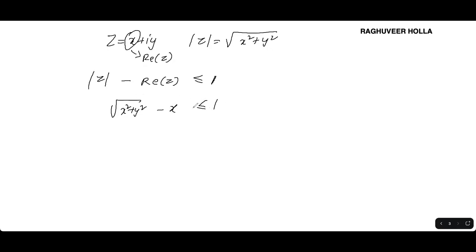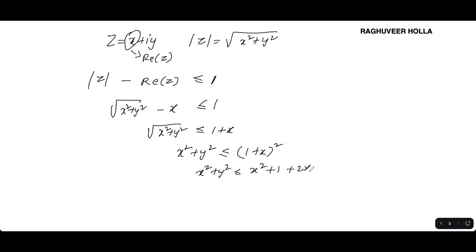So let us write down: square root of x square plus y square minus x less than or equal to 1. Bring x onto the right hand side. So this will be square root of x square plus y square less than or equal to 1 plus x. Now squaring both sides, we get x square plus y square less than or equal to (1 plus x) whole square, which is x square plus 1 plus 2x.